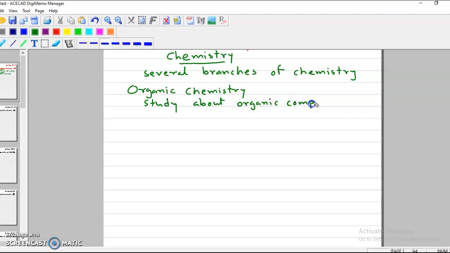Organic compounds have at least carbon and other elements, so it is also known as carbon chemistry, and there are millions of organic compounds.